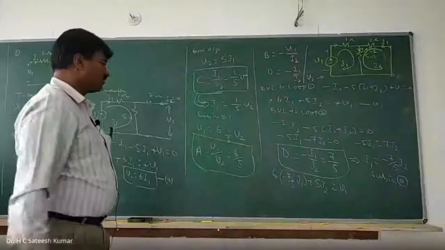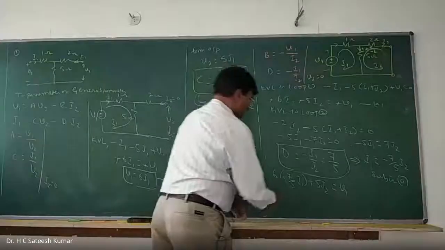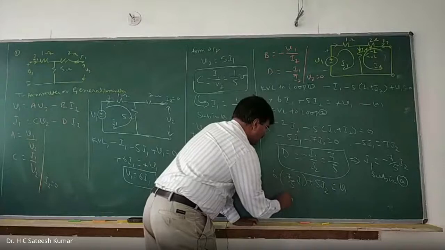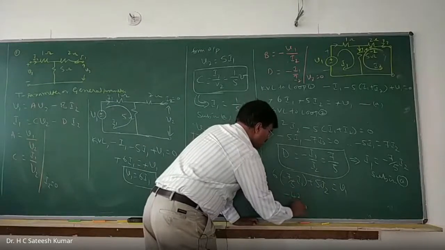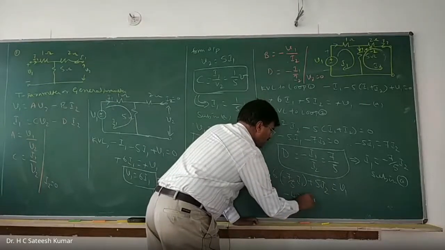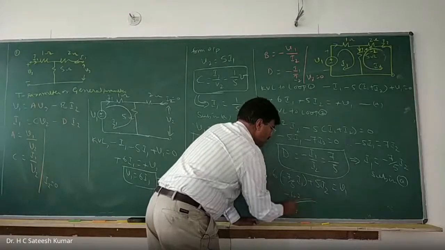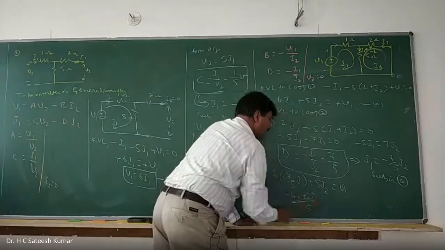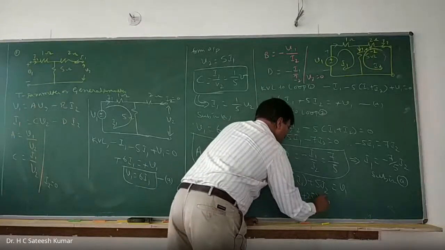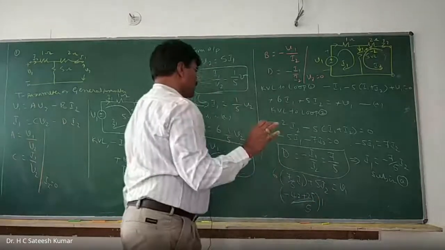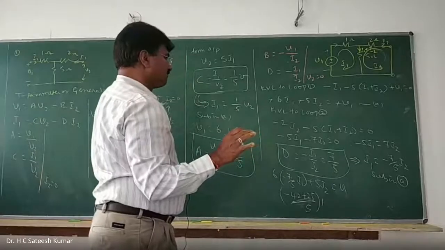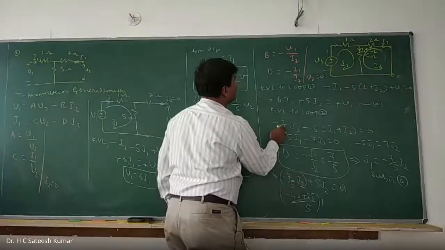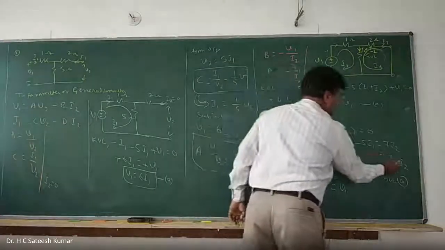Now what should you do? Take the LCM. Minus 42 divided by 5 plus 25 by 5, I2 is equal to V1. Here I1 value is minus 7 by 5 I2.